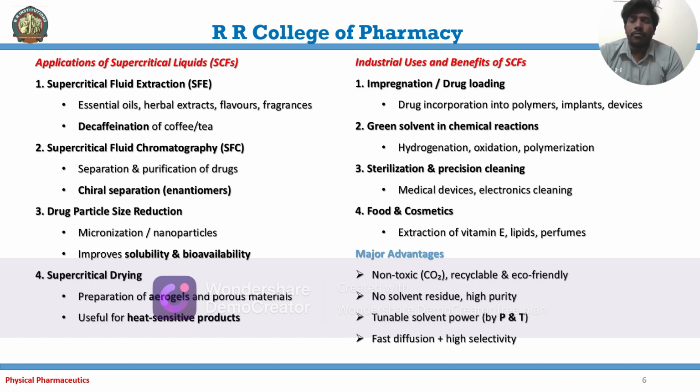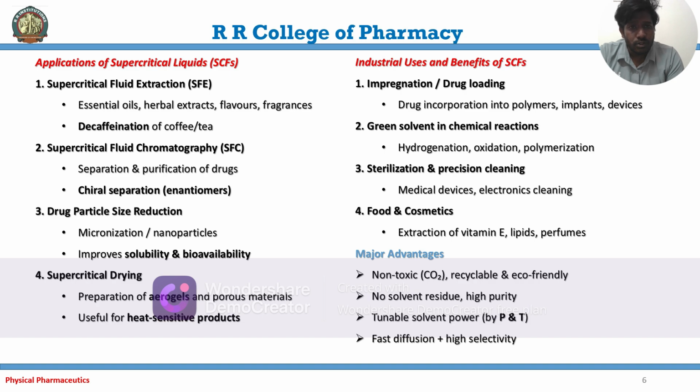If we use volatile liquids for preparing the supercritical fluids, these can be used in the preparation of aerosols and porous materials, especially useful for heat sensitive drugs and heat sensitive products.